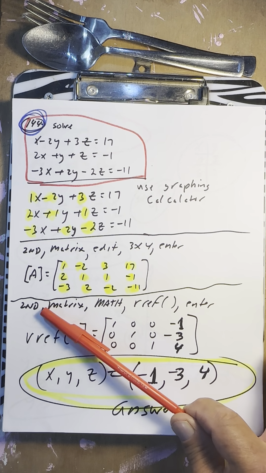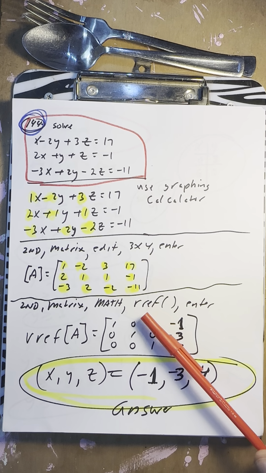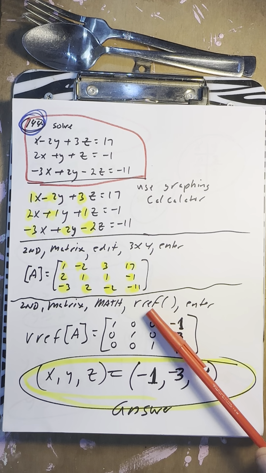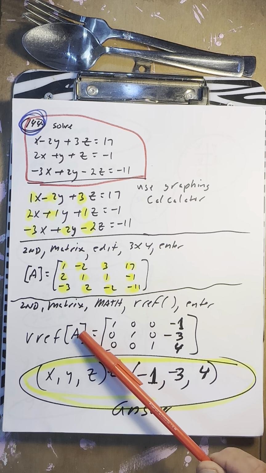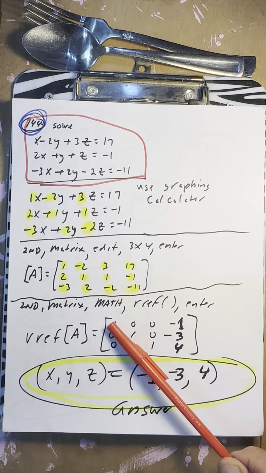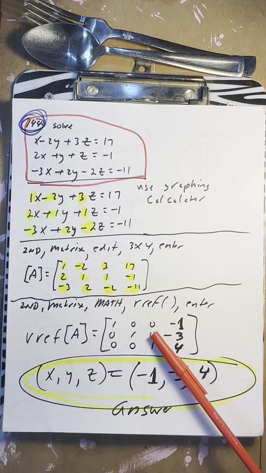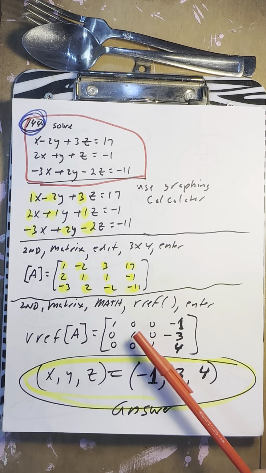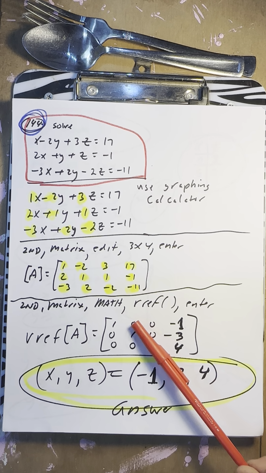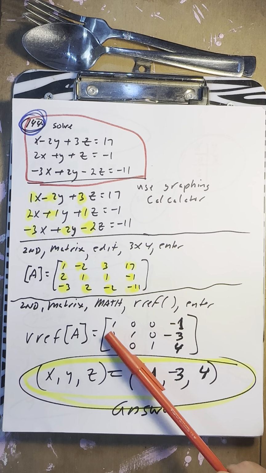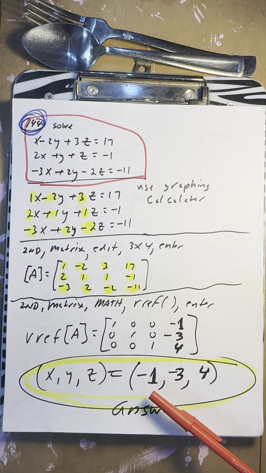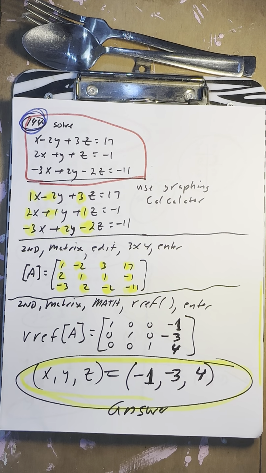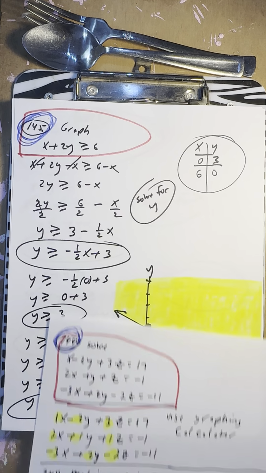Then you go second matrix math, REF, row reduction echelon form. Enter. It's going to give you 1 0 0 and the number, 0 1 0 and the number, 0 0 1 and the number. There's x, there's y, and the last one is z. So x, y, z is going to be negative 1, negative 3, and 4 are the answers.